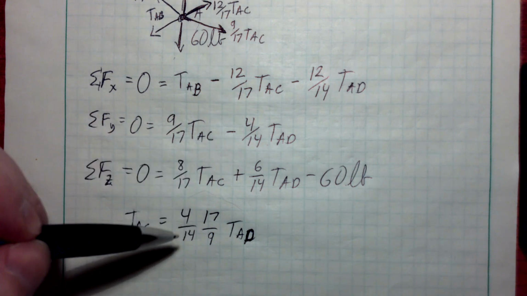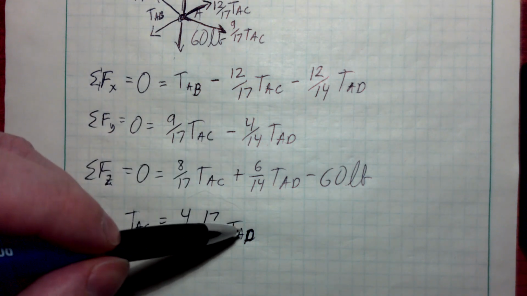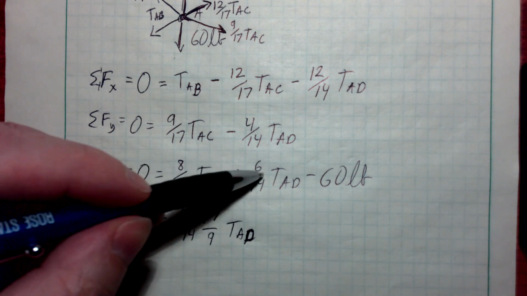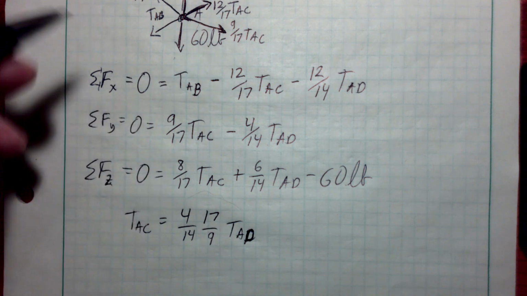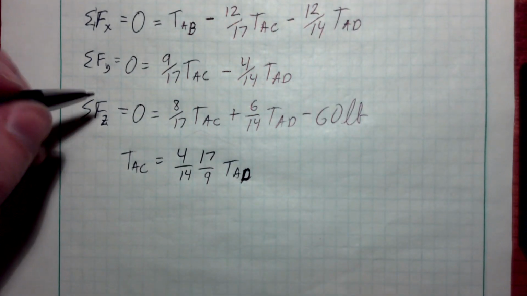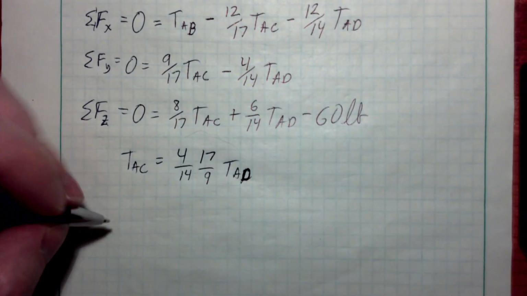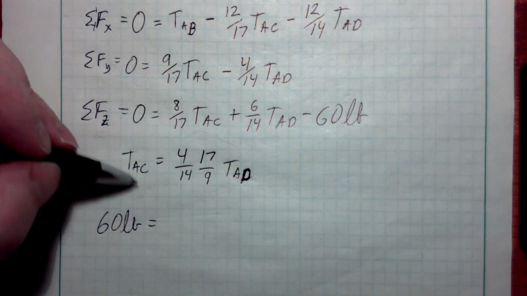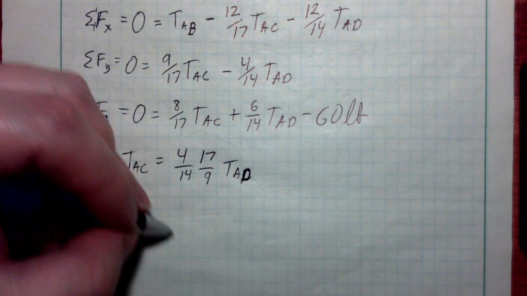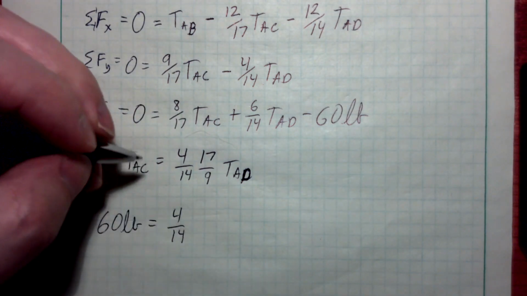So now what can I do? Well, now I know T_AC in terms of T_AD. And here's another equation that has T_AC and T_AD in it. I can put this right there. And now I've got one equation only in terms of T_AD. So what do I got here? I've got 60 pounds. I'm going to move it to the other side of the equation. It is equal to, I'm going to substitute in for T_AC right there, 4 over 14.